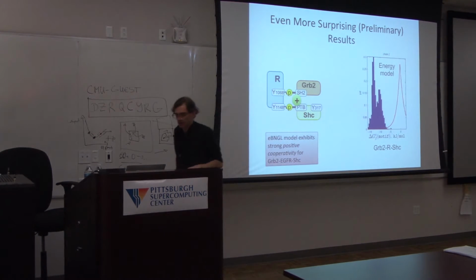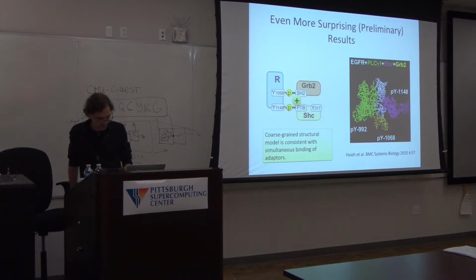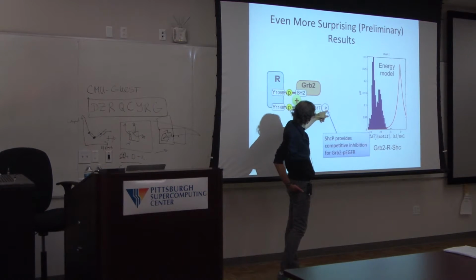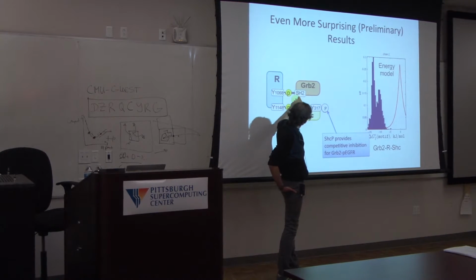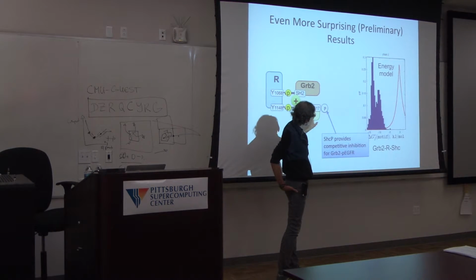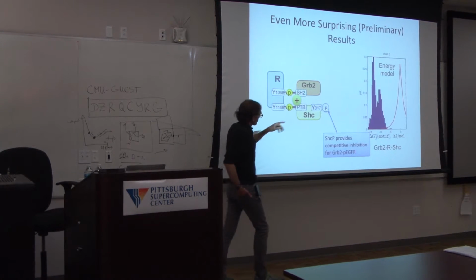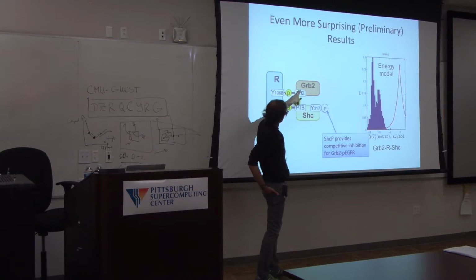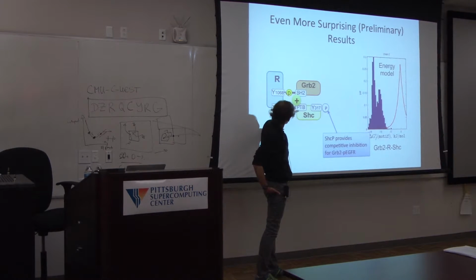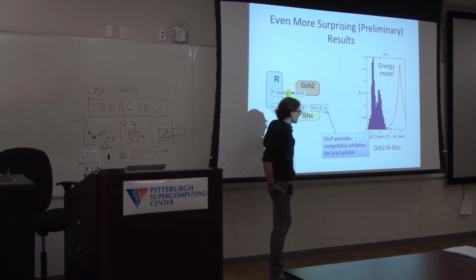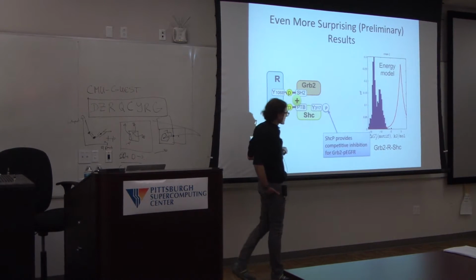And the mechanism for that is shown here. When the Shc gets phosphorylated, remember I said there's competition for the SH2 domain of Grb2, so the phosphorylated Shc can pull Grb2 into a complex with Shc, and that weakens the interaction with the receptor, and the loss of the cooperative binding partner for Shc weakens the formation of Shc complexes with the receptor overall.